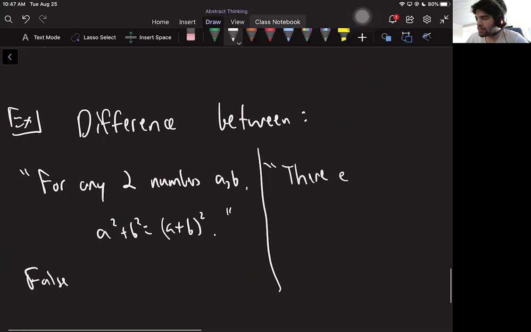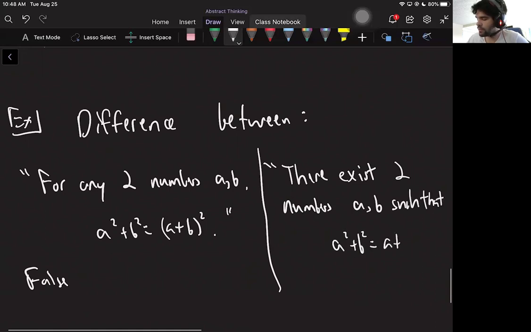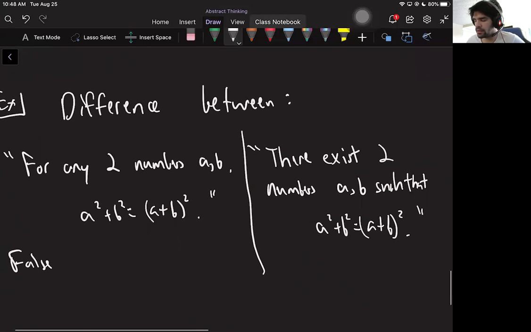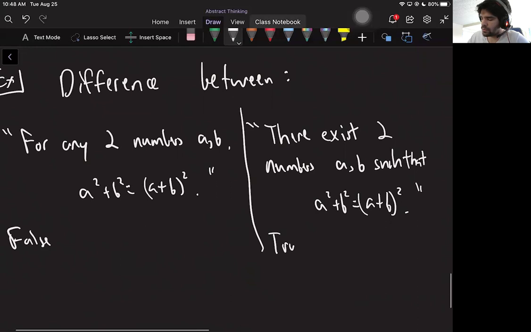There exists two numbers, a and b, such that a squared plus b squared equals a plus b squared. This guy is true because it's a different statement.